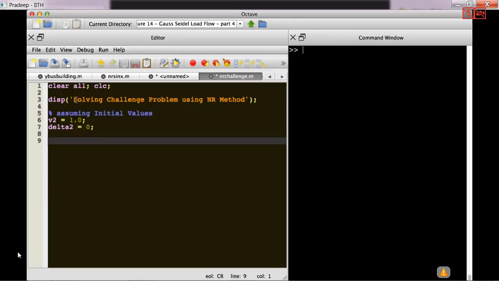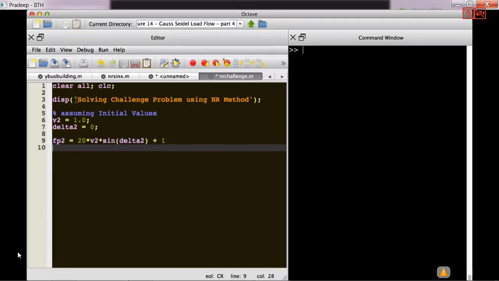What is the next step? The next step is writing the functions, that is fp2, the function value of p2, is nothing but 20 into v2 into sine of delta 2 plus 1, that's it.